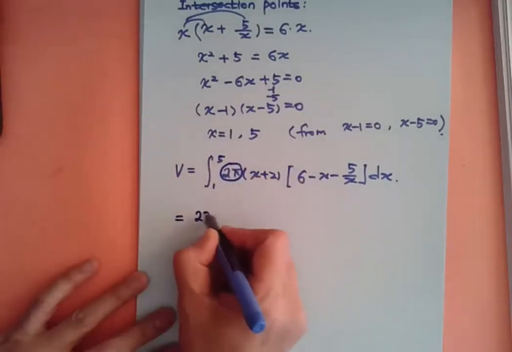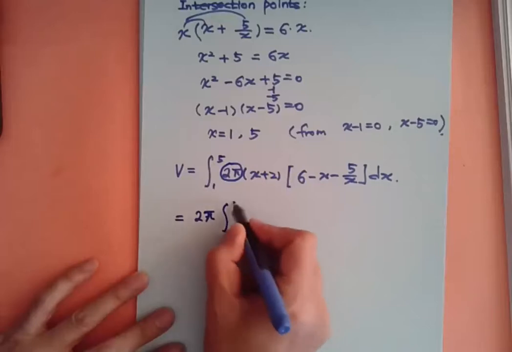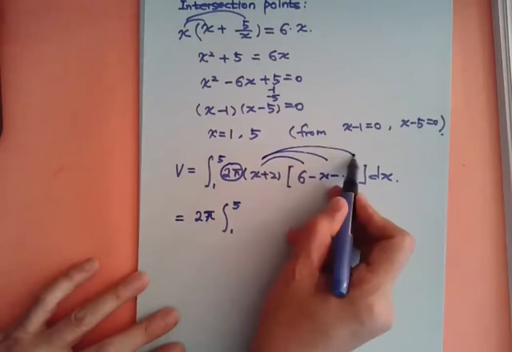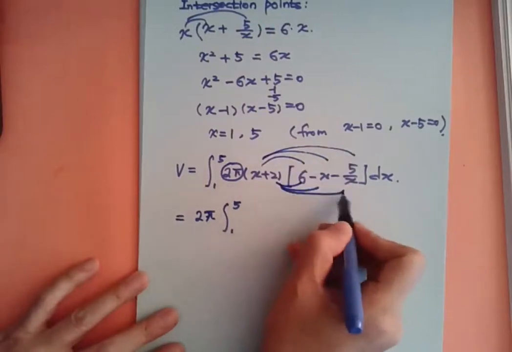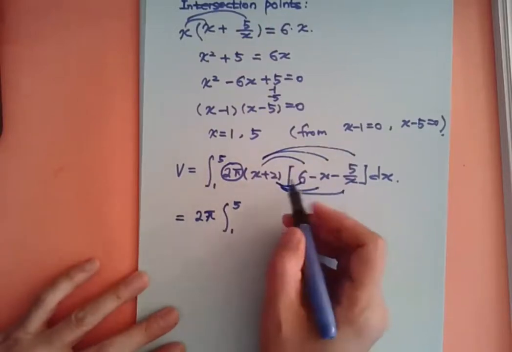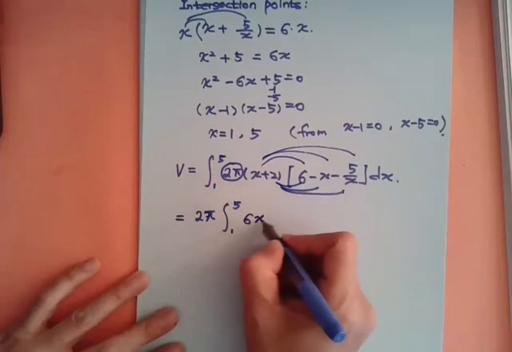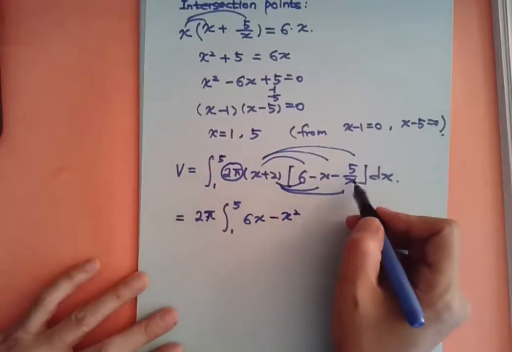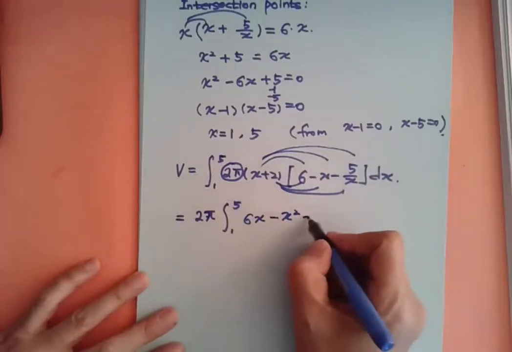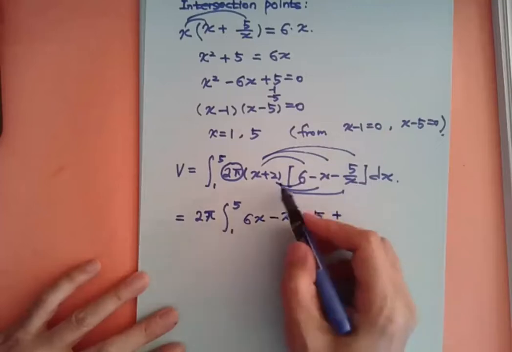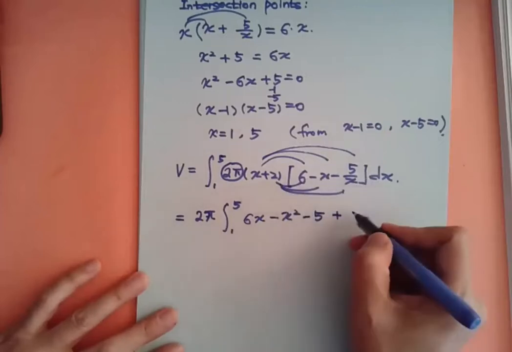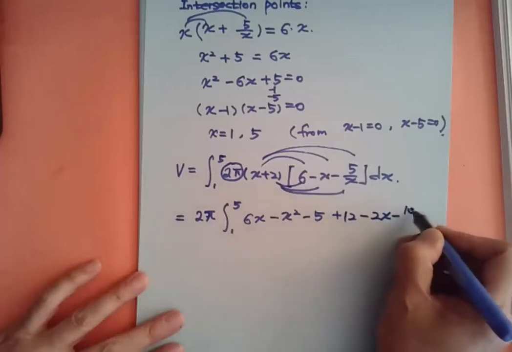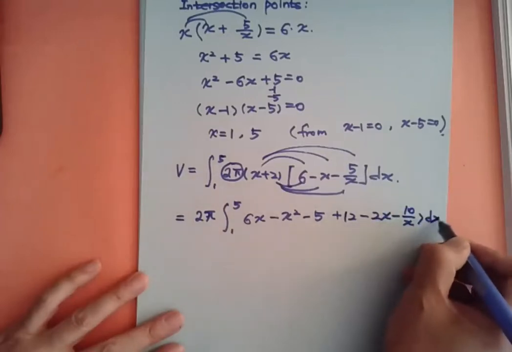Then we have 2 pi outside of the integration, 1 to 5. And then we will use FOIL, just a distribution. The x is multiplied, so 6 times x minus x squared, x times 5 over x is just 5, so minus 5. Plus, we just multiply 2 for each term. So that is 12 minus 2x minus 10 over x dx.